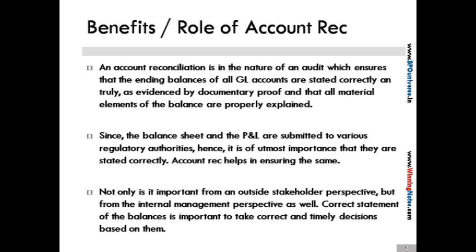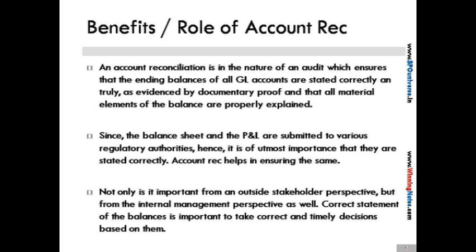After going through the definition of account reconciliation, we now understand that it means we ensure the closing balance of an account is reasonably comprised of items which have been verified by the accountant or by the auditor. Hence, an account reconciliation serves as an audit tool.